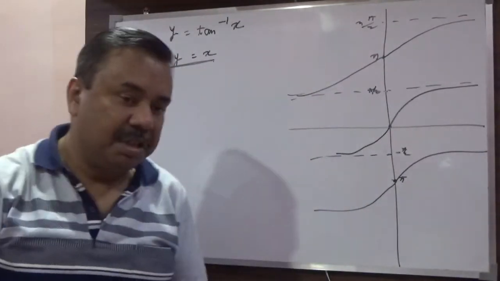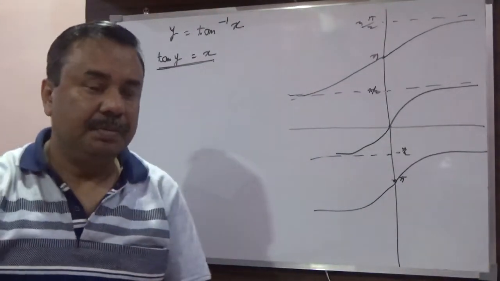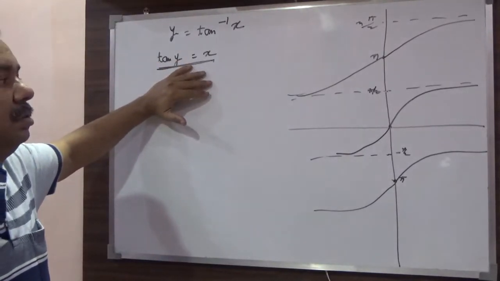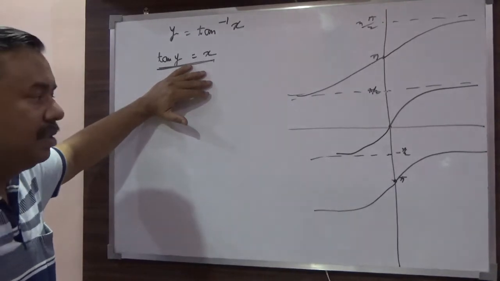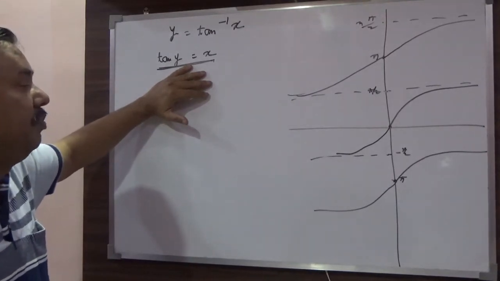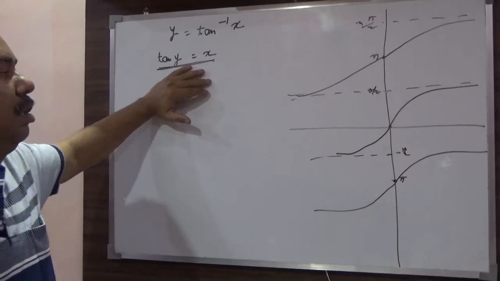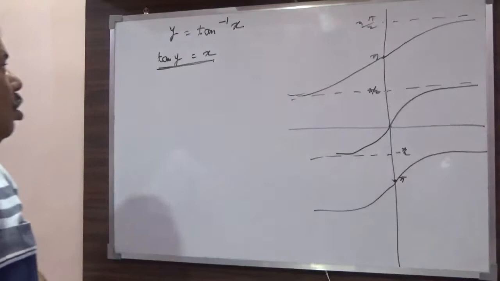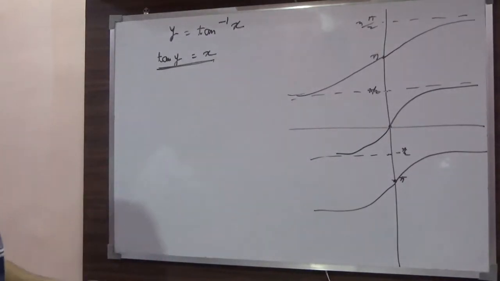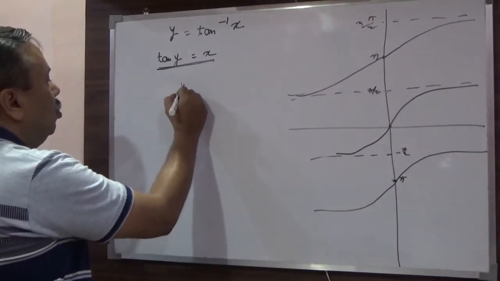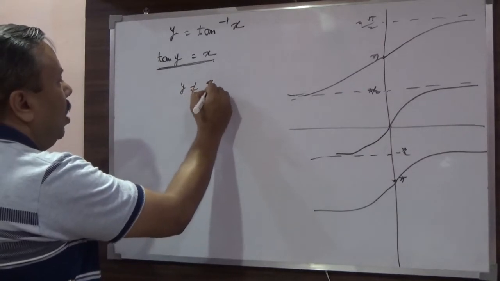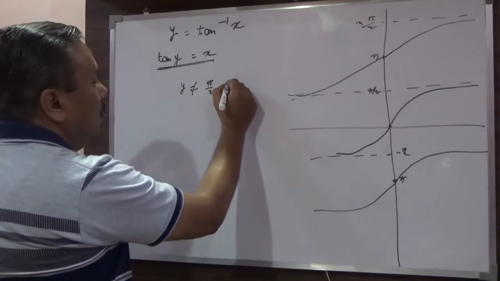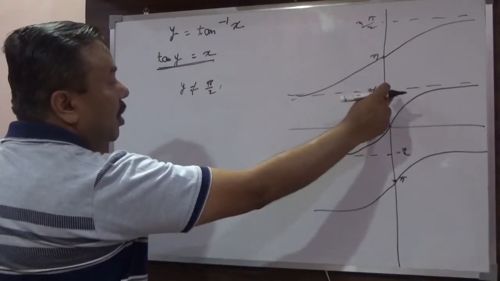Now from this, what do I infer? See, the value of x is never defined at y equal to pi by 2. So obviously my value of y cannot be equal to pi by 2. It cannot be equal to, what is the next value where it is not defined?